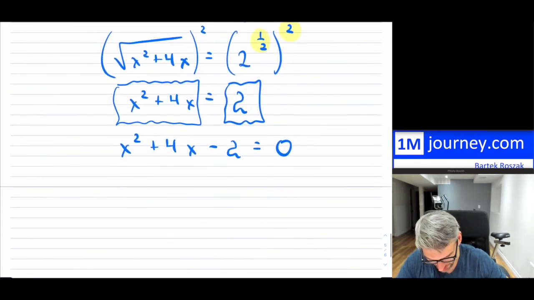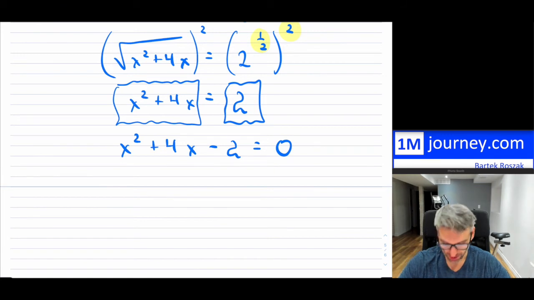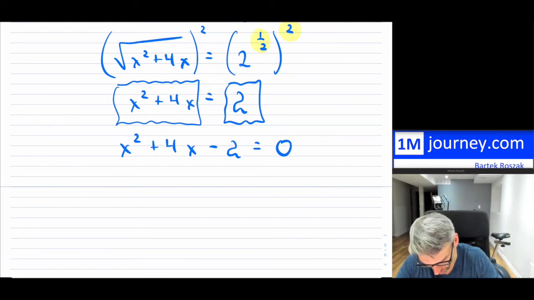Now I can solve this. And again, you can try to solve it any way that you like. I'm just going to fast forward. I'll just use the quadratic formula because it doesn't pop out at me. I don't like that -2, and it's probably going to be some kind of a long decimal that I'm going to worry about.